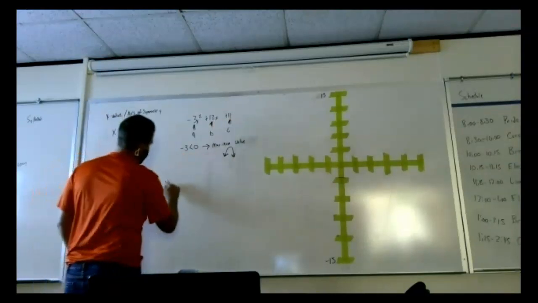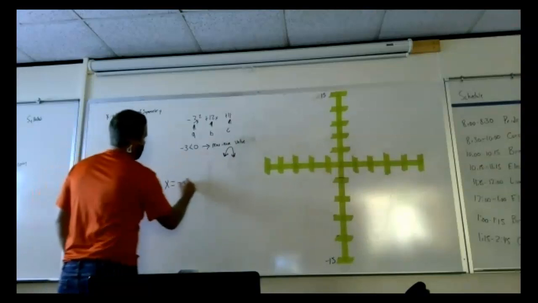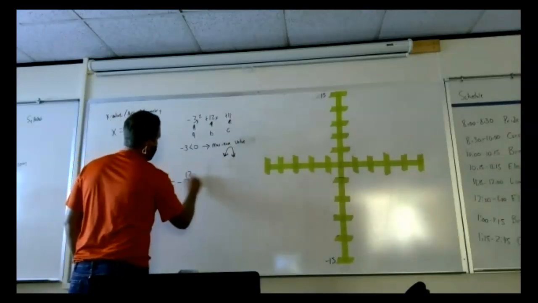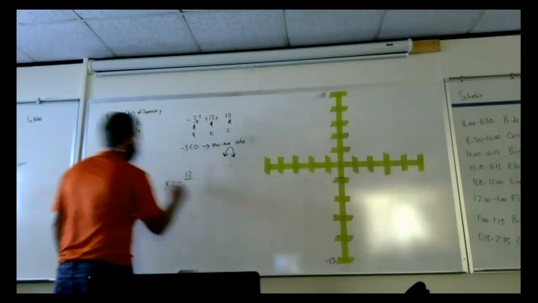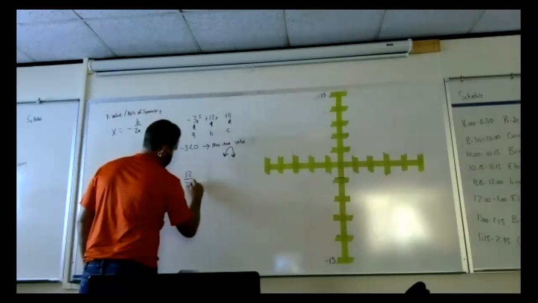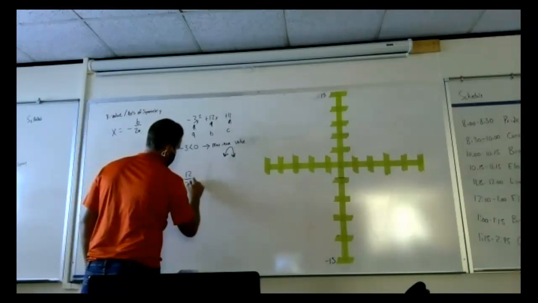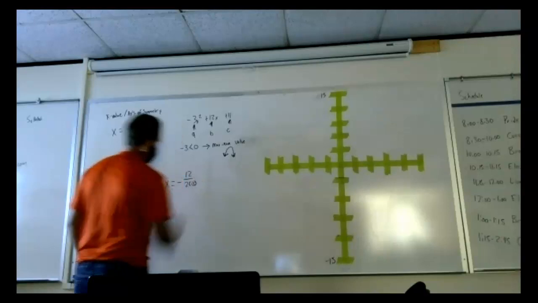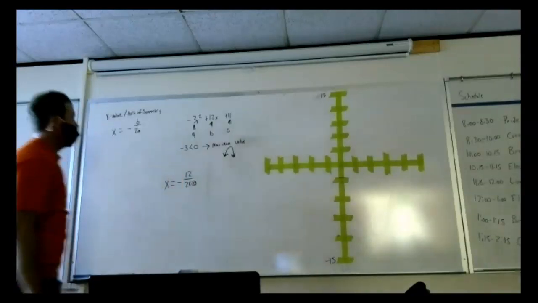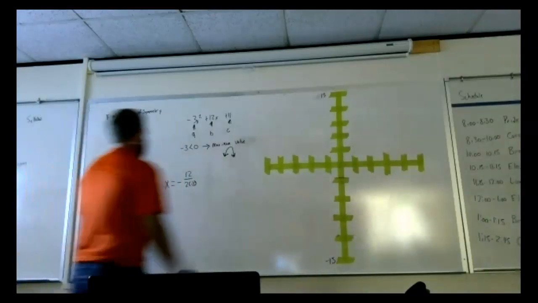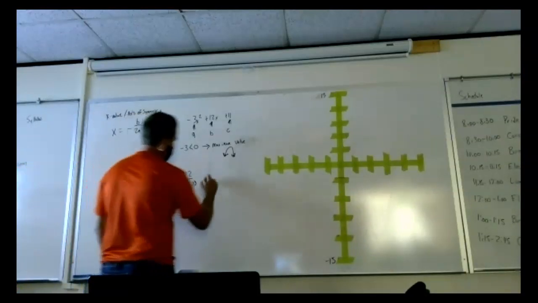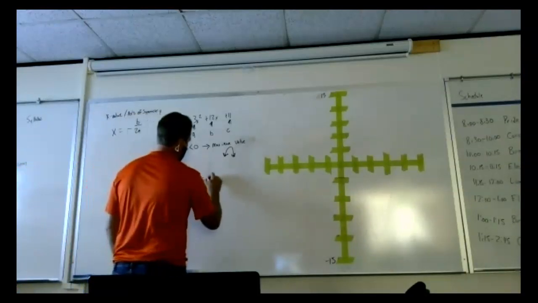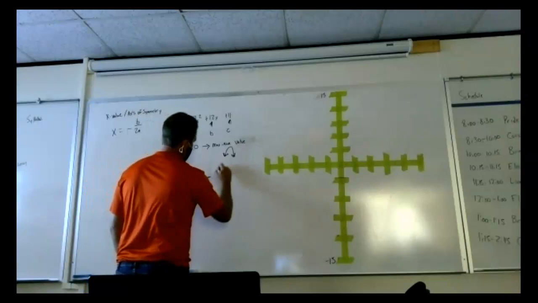So we have x equals negative 12 over 2 times negative 3. Okay? So 2 times a negative 3 is a negative 6. So in all reality, it's a negative 12 over a negative 6.